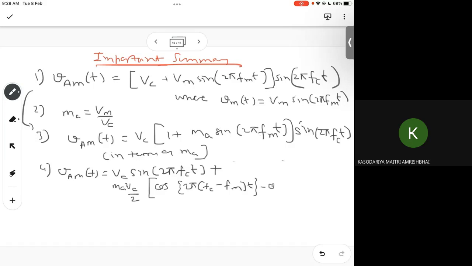I have written this expression so many times that if you also write it, you will never go wrong.